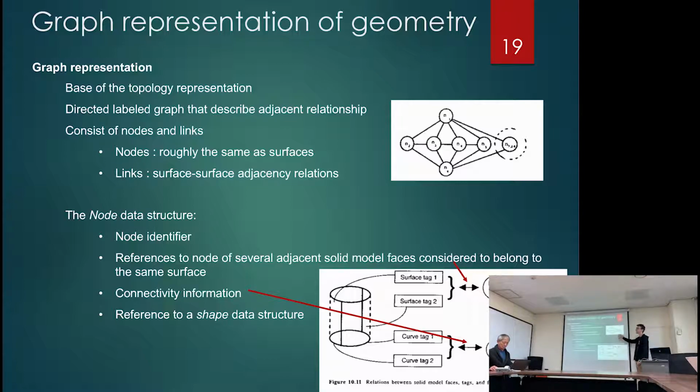And the node itself has a data structure that composes a node identifier, reference to nodes of different adjacent models. And we also need the connectivity of this surface, the information provided here, and everything is tumbled into a shape data structure.